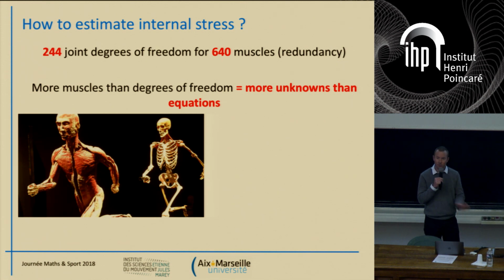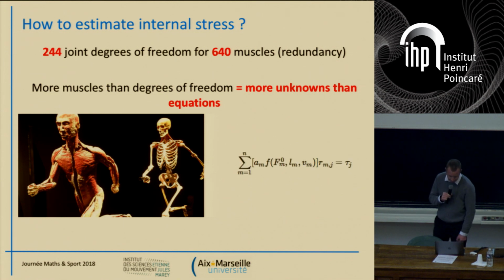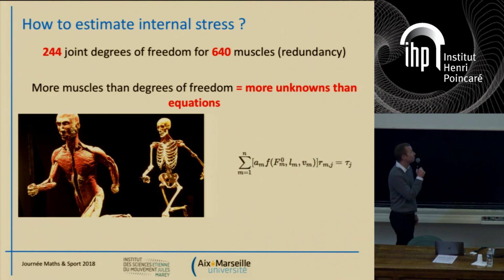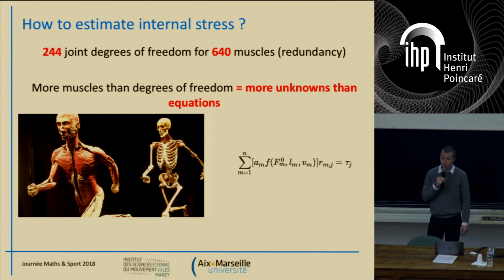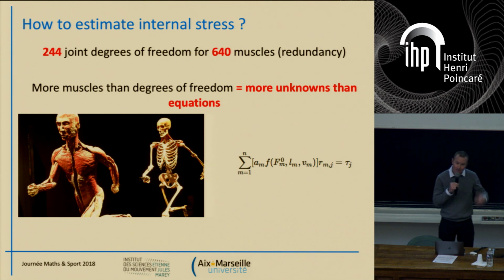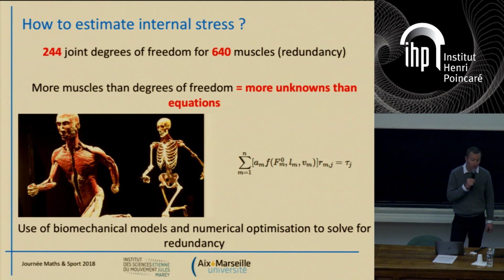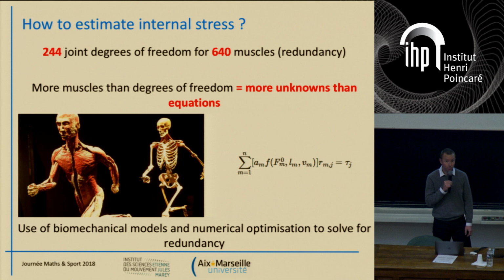In maths, it's not really good. So we use some equations where we try to explain the right-hand part of the equation, which is what we know, with the left-hand part of the equation, which is what we don't know. And you can see a little imbalance between them. So we'll use some biomechanical models and some numerical optimization to solve for this redundancy.